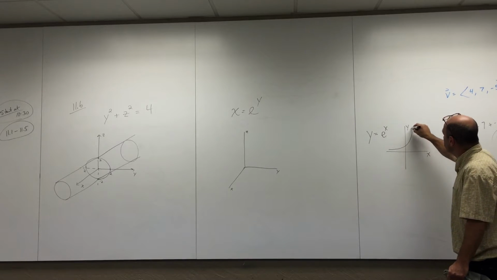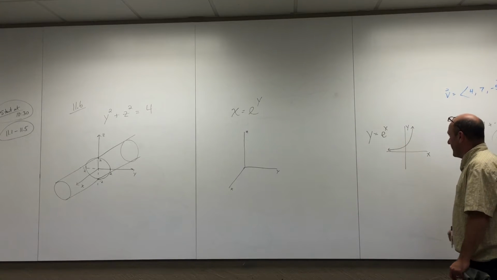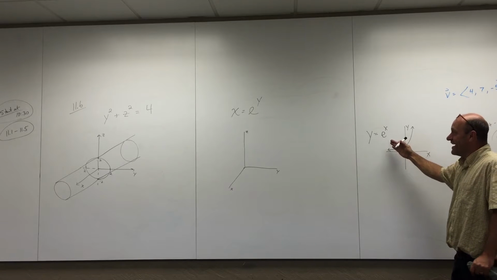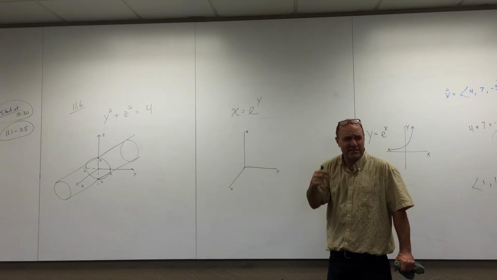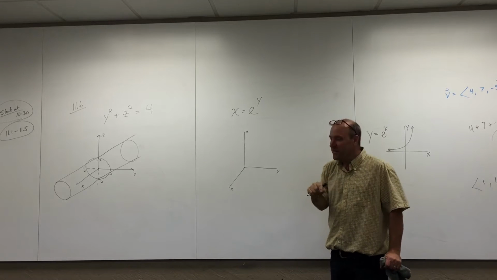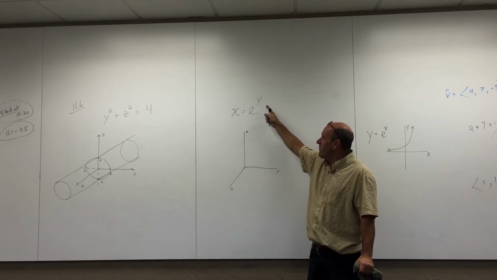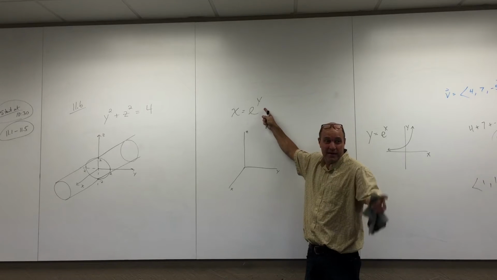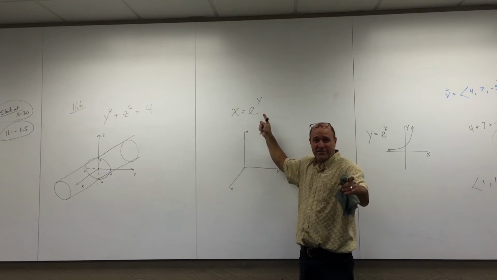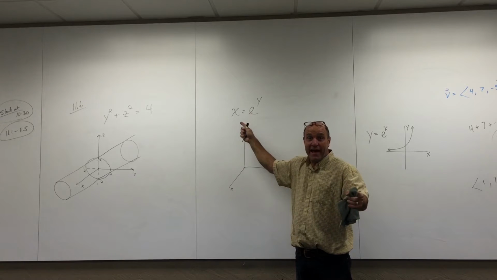Now, hold on a second. This is not y equals e to the x. The variables are switched. It's x equals e to the y, which I don't feel too familiar with. If you wanted to solve for y, what would you do? You would ln both sides. So then you'd have y equals the ln of x.